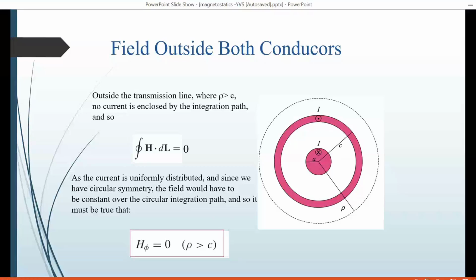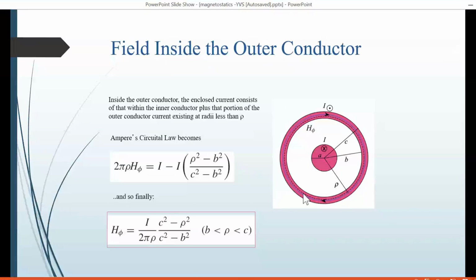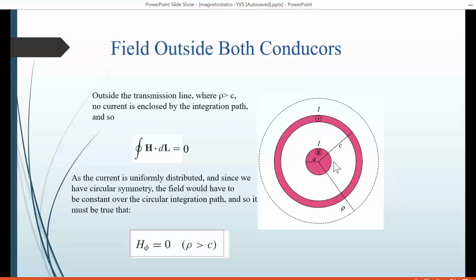So whatever field is generated by the inner conductor will be cancelled by the outer conductor, because these two conductors have the same length. That means whatever current is enclosed by this outer path is the sum of the intensities generated by these two conductors separately, and they are equal but opposite in direction, so they cancel each other.